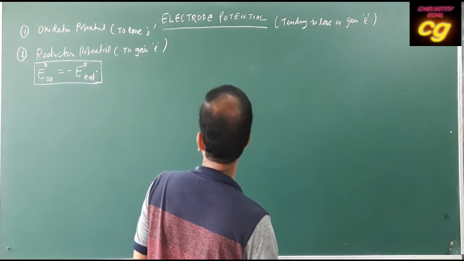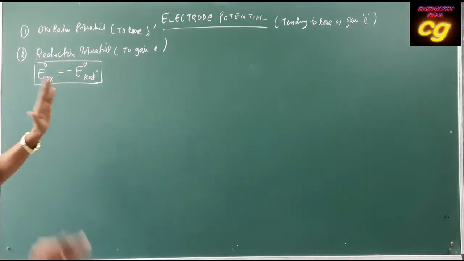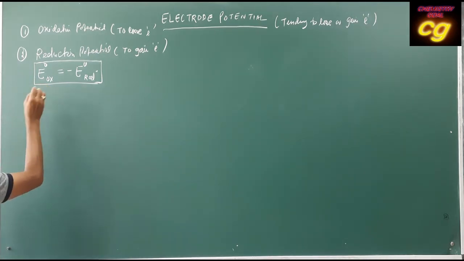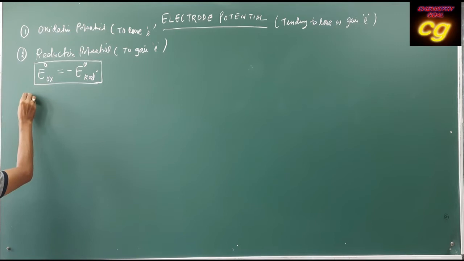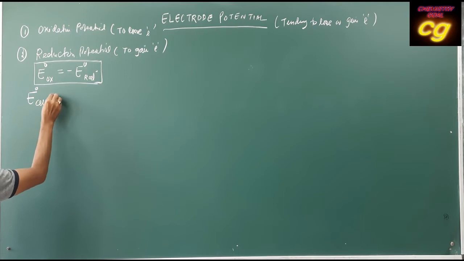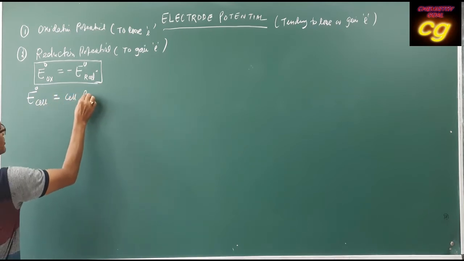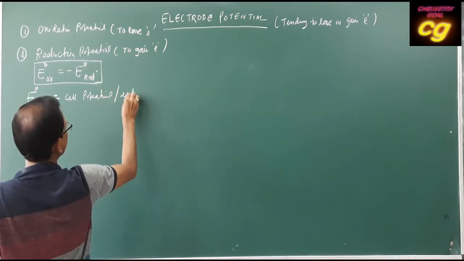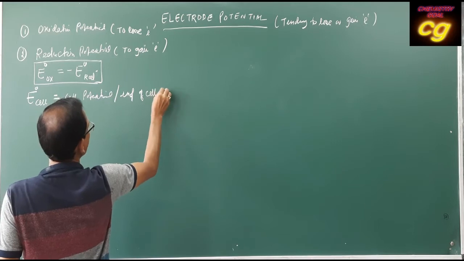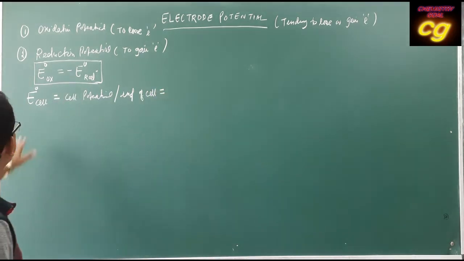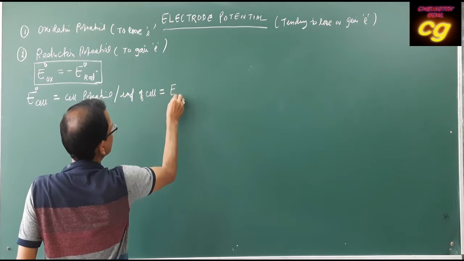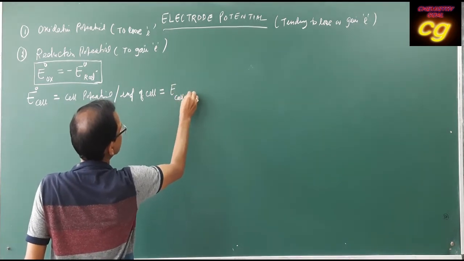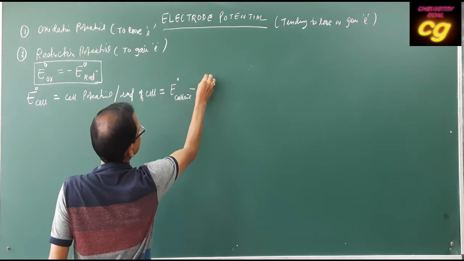When you connect two electrodes, the difference of potential is called the E naught cell potential, also called the EMF of the cell, which is always equal to E cathode minus E anode in standard state.